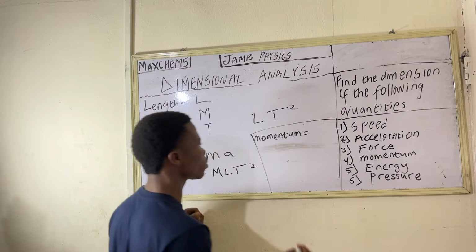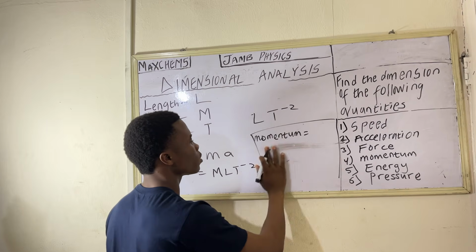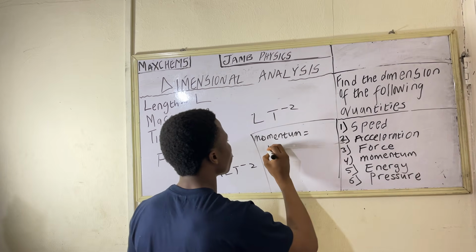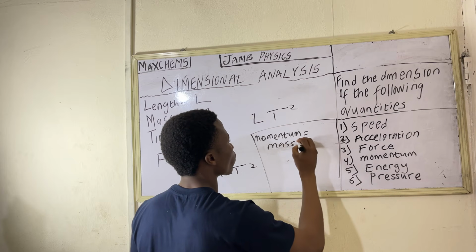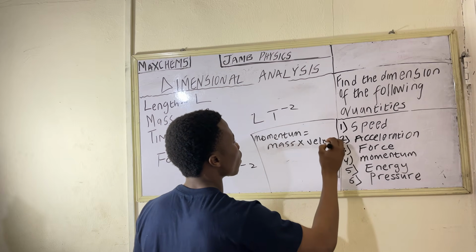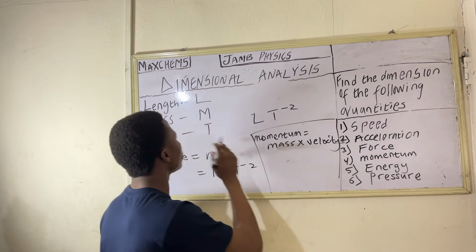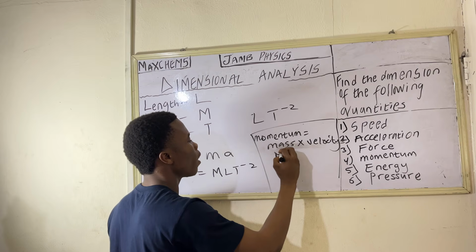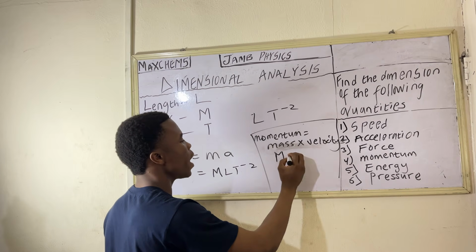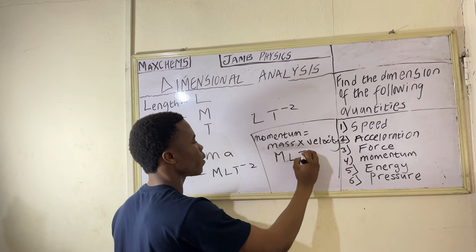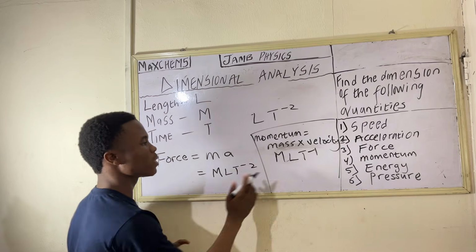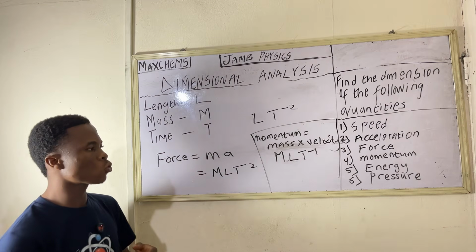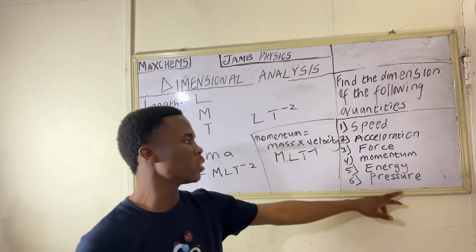So let's use mass times velocity. The dimension for mass is M, and the dimension for velocity is LT minus 1. So it's very simple. This is the dimension for momentum.